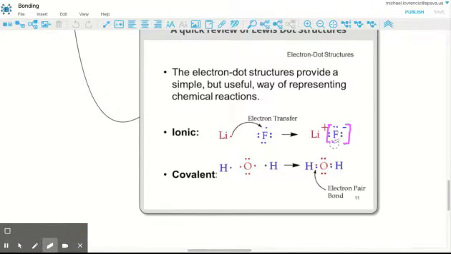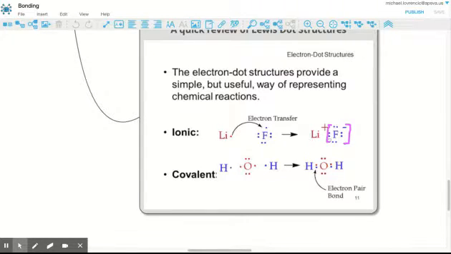As we look at these different types of Lewis dot structures, for ionic bonding, we are modeling the transfer of electrons, so how the metals lose electrons, the nonmetals fill up their octets, and then you form ions.